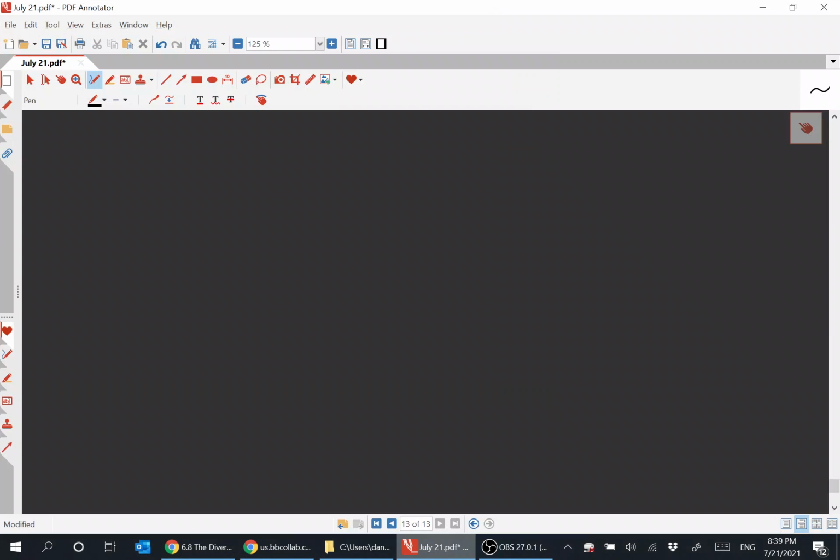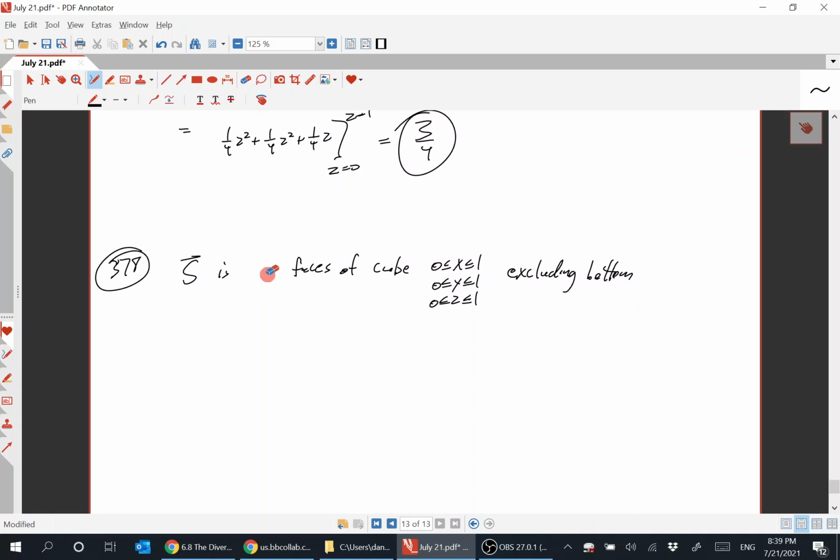It's a typo there. So S is the 6 faces, oriented outwards.